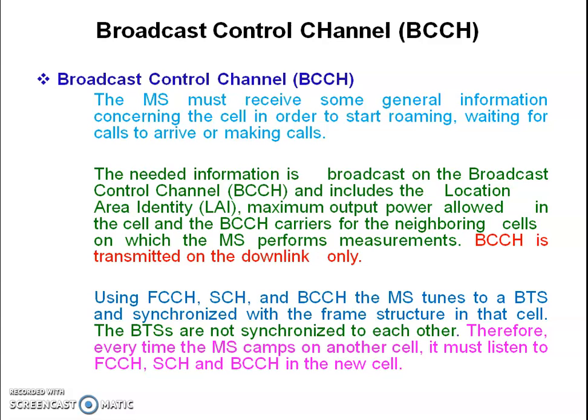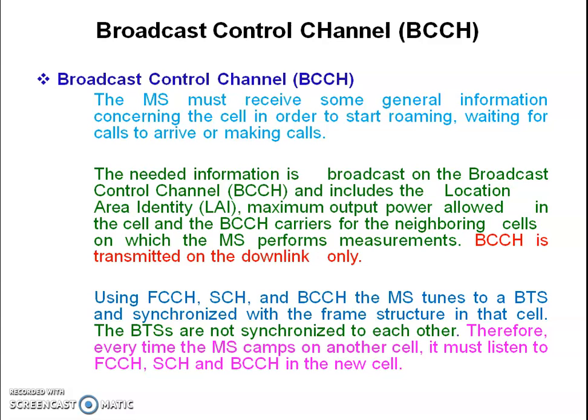On this broadcast control channel, the mobile station must receive some general information concerning the cell in order to start roaming, waiting for a call to arrive, or making a call. So it is a broadcast control related channel.